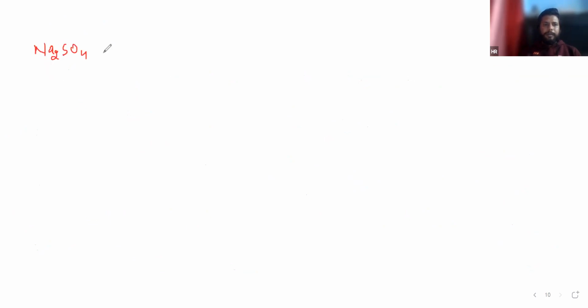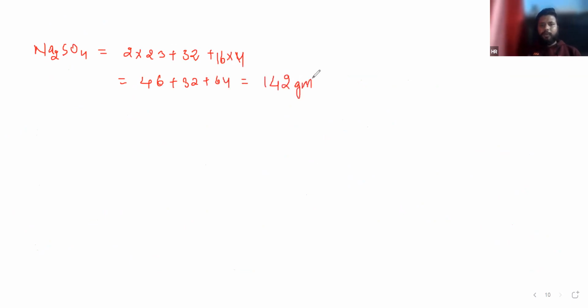Just see, total mass you can calculate: 2 into 23 plus 32 plus 16 into 4. That will be equal to 46 plus 32 plus 64, and it will be equal to 142 gram. Now, mass percent of sodium.